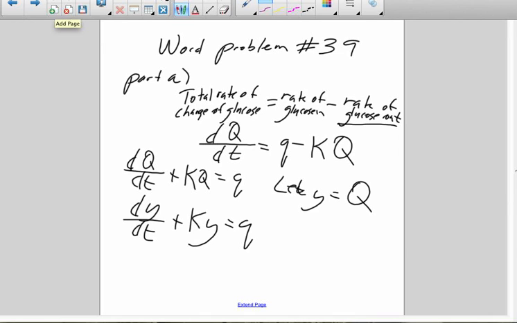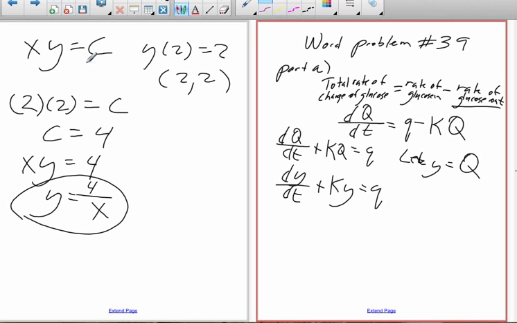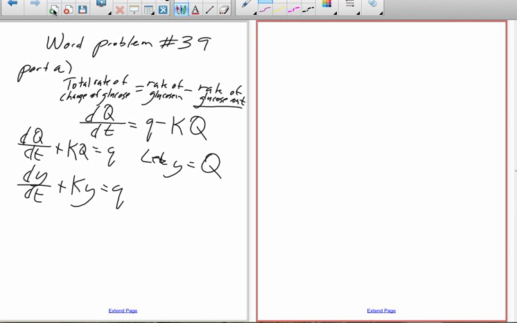And now if you go in and take a look at this thing, you can see what's going on with it. So our p of t in this case is going to be k, and our q of t, which is different from this other one, that's why I changed it, this is from the linear one, is going to be little q.